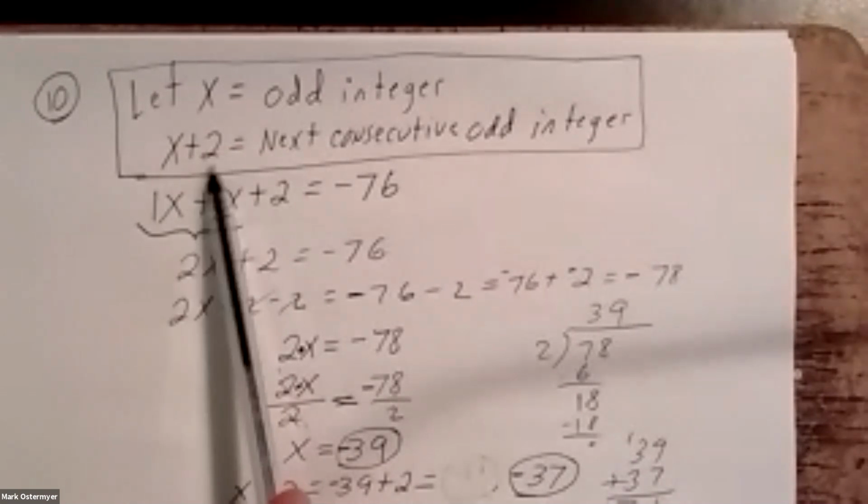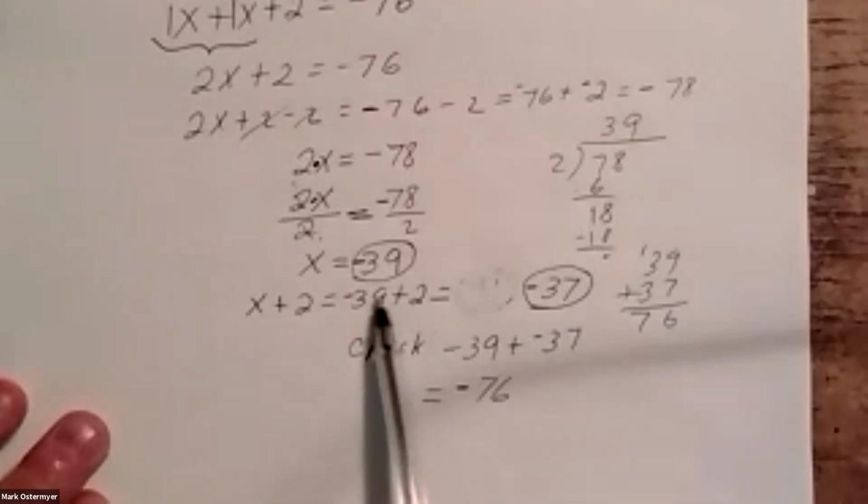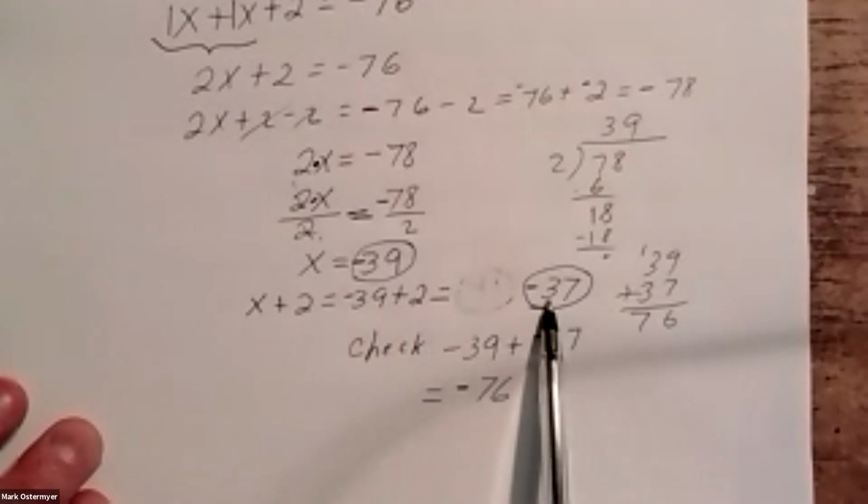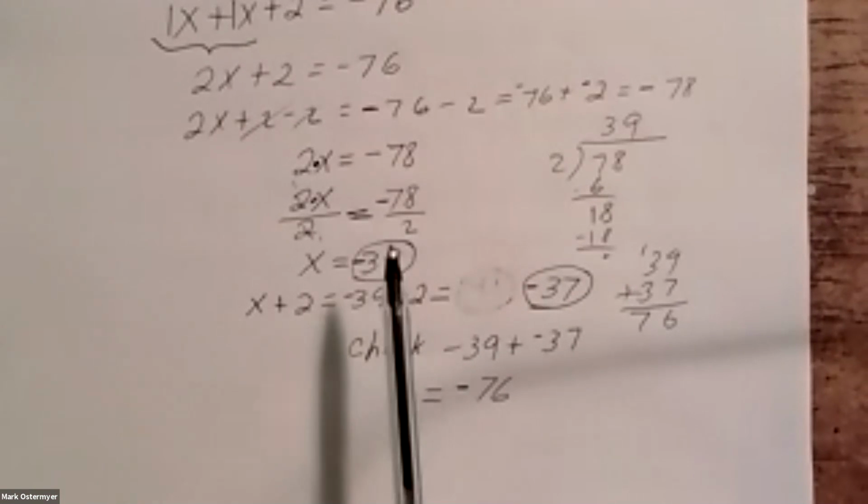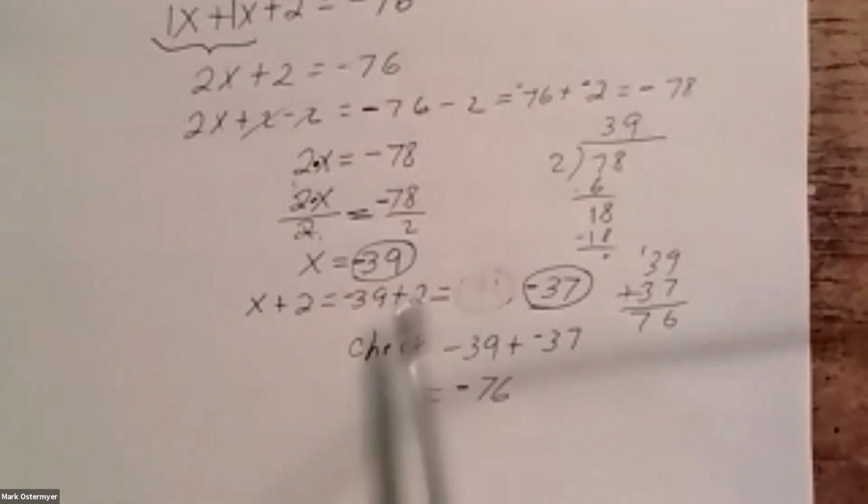Negative 39 plus 2 gives us our next one, which is what? Negative 37. Okay. So negative 39 and negative 37 are the answers that we need to come up with in that word problem. Those are the two consecutive odd numbers that add up to negative 76.